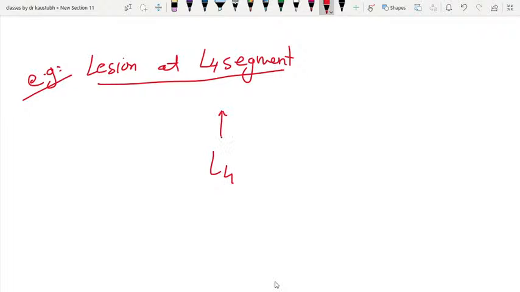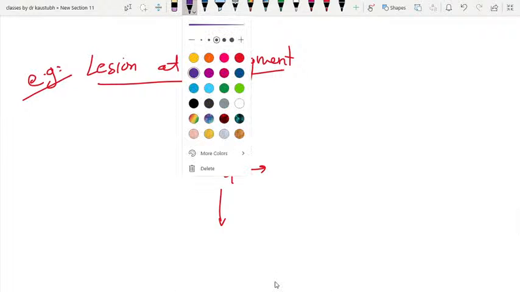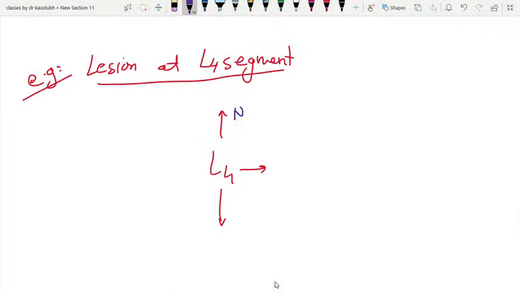What would happen above? What would happen below? What would happen at the level? So if you check, above, everything normal. At the level, suppose this is on the left side, there is a left hemisection of L4. So at L4, what will happen?